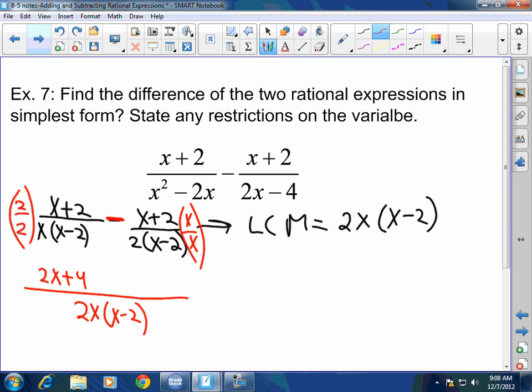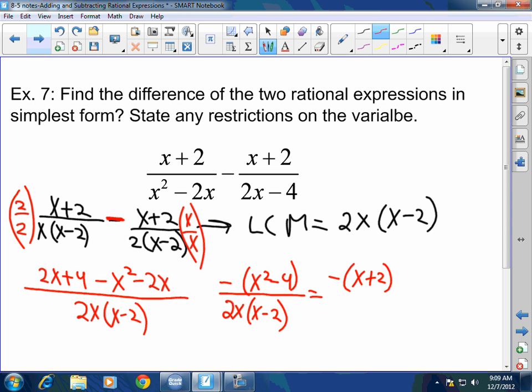Please pay attention to this. See how this is a negative? So when you're multiplying an x, you're really multiplying by a negative x. So please distribute that negative: negative x squared minus 2x. Great job. Now, the 2x and the negative 2x cancel, so I am going to factor out a negative, and I'm going to have x squared minus 4 over 2x times x minus 2, which is going to be a negative x plus 2, x minus 2 over 2x times x minus 2.